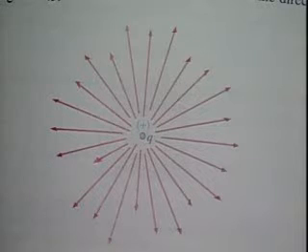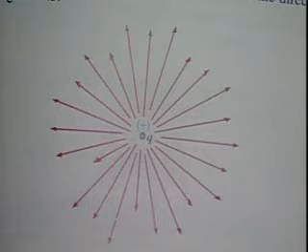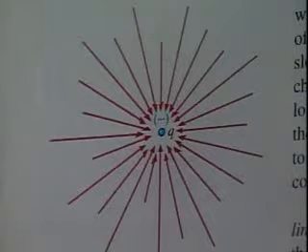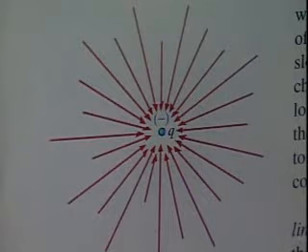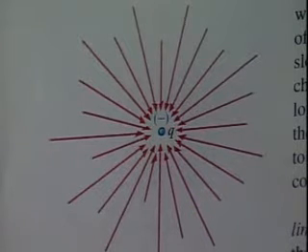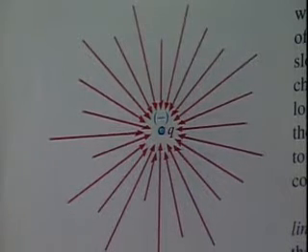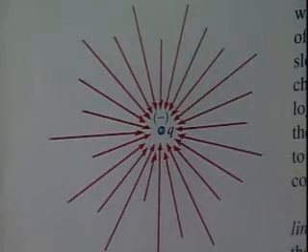Remember, the electric field would be directed away from a positive charge because a test positive charge would be repelled by this positive charge. For a negatively charged object, the field lines are directed towards the charge because a negative charge would attract a positive charge, and therefore the field is directed in towards the negative charge.